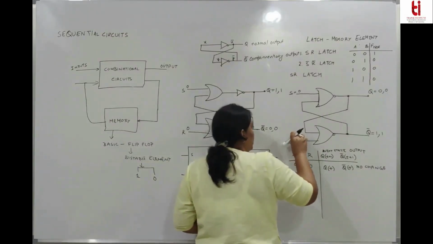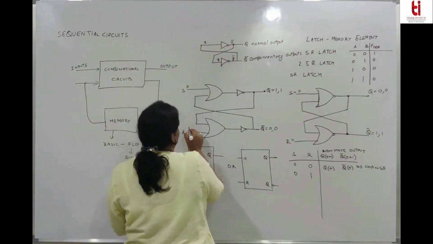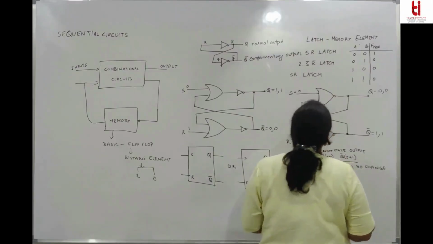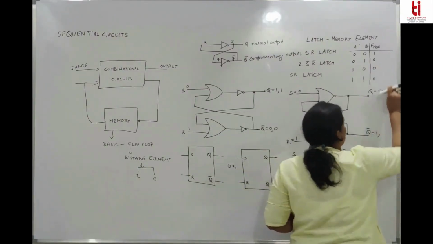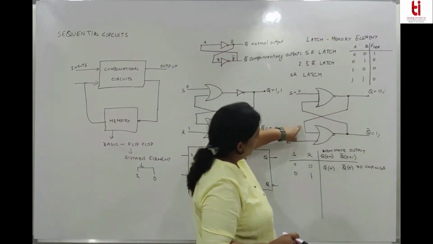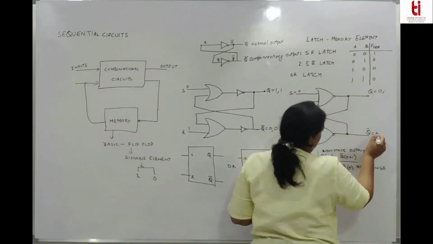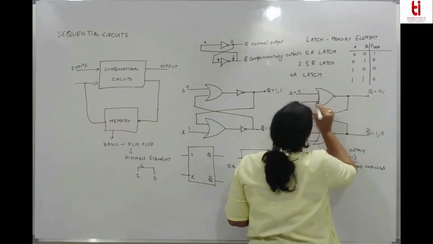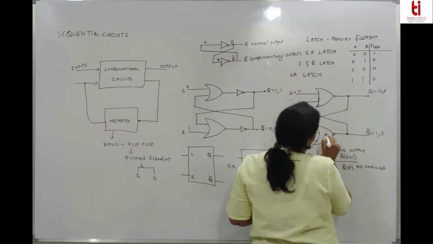When S is 0 and R is 1, and this is 0, so 0 1 will give you 1 0. 0 0 will give you 0 1. 1 1 will give you 1 0.